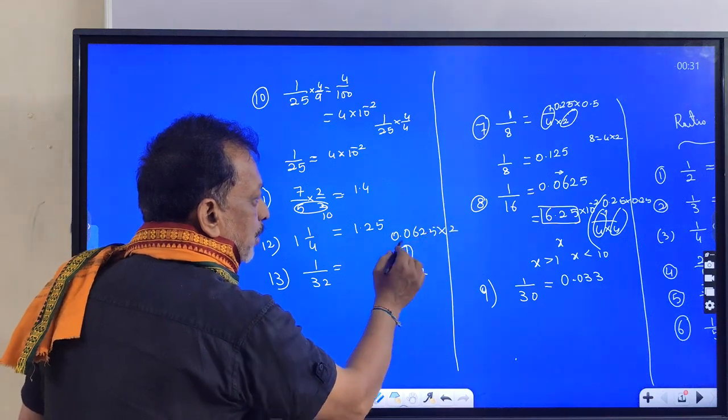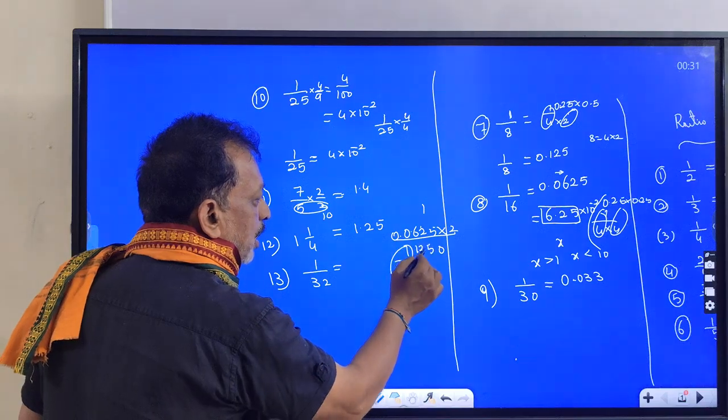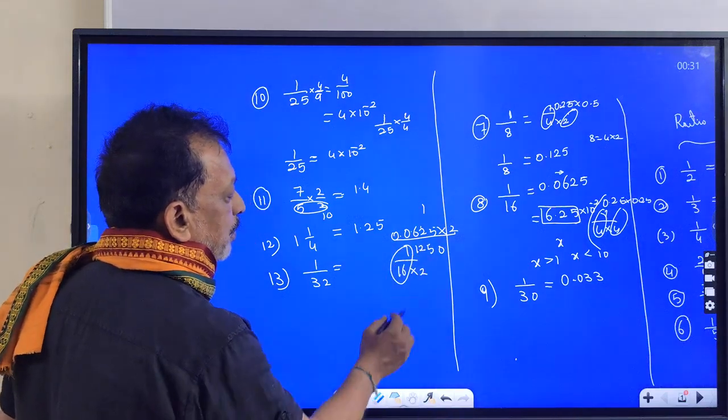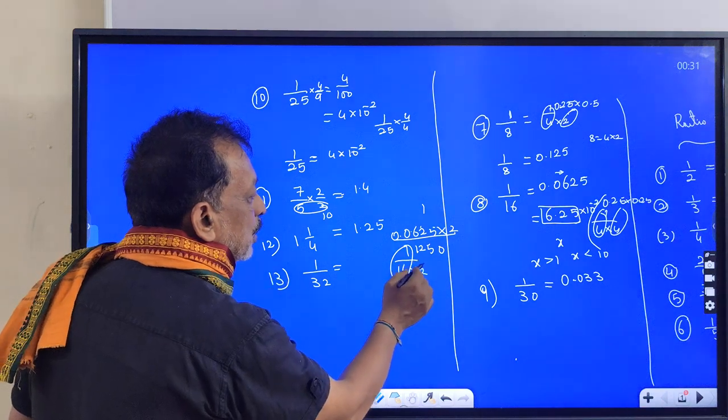Into 2, double the number, so now it becomes 0.03125. Now 1 by 2 value is 0.5.